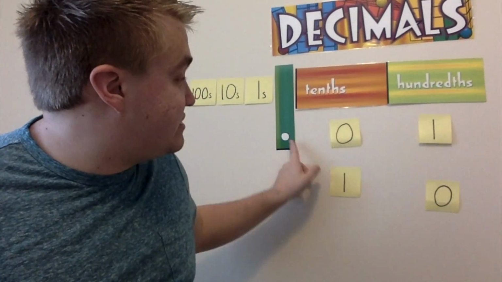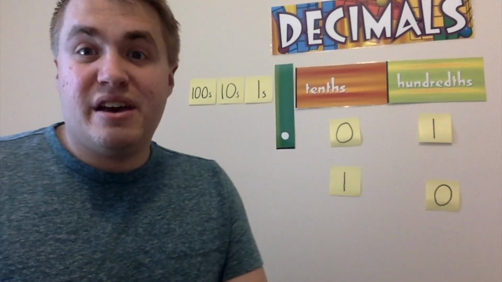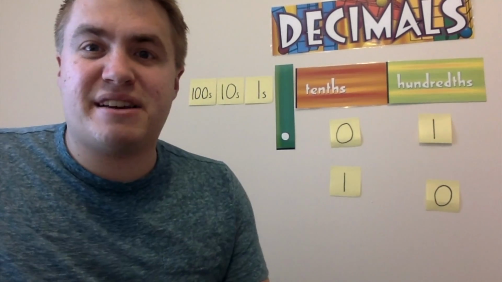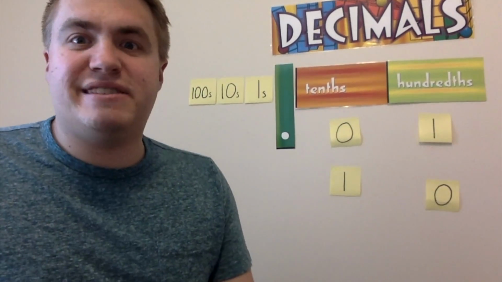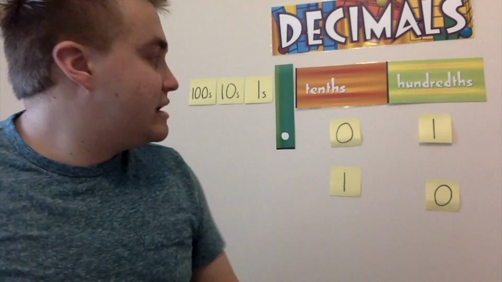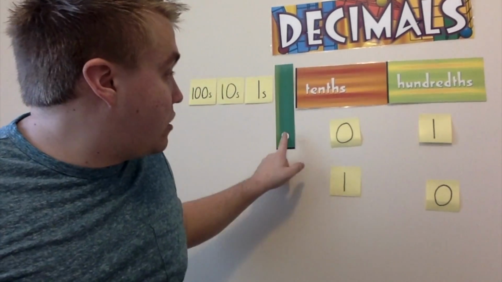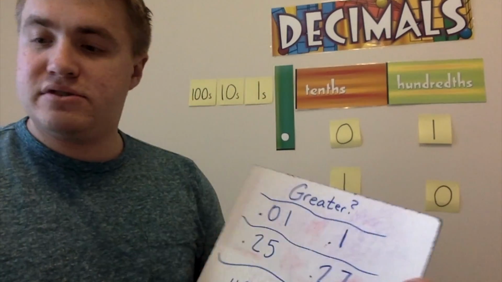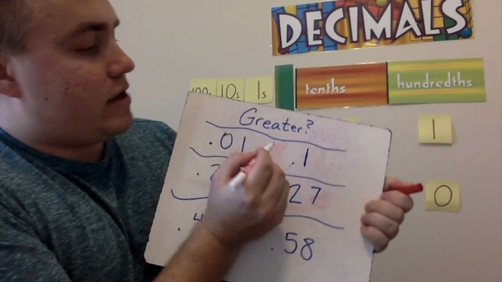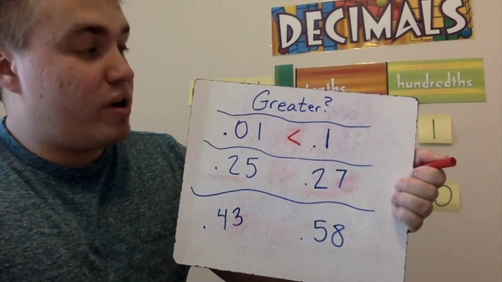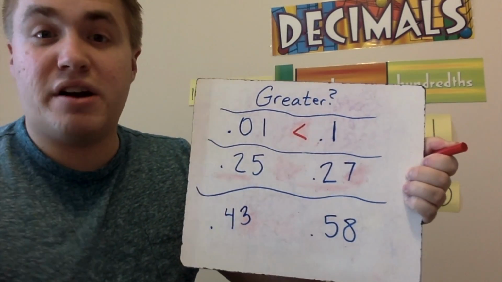Down here is my 0.10, my 1/10th, that represents my dime. Now I know that a dime is greater than a penny because it has more value in money, right? 10 cents is more than 1 cent. In which case, I know that 0.1 is greater than 0.01. 1/10th is greater than 1/100th.